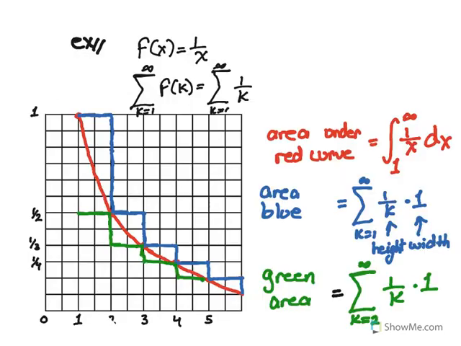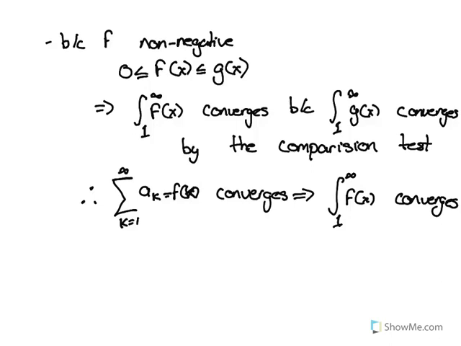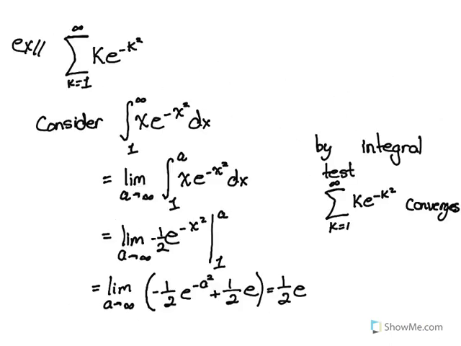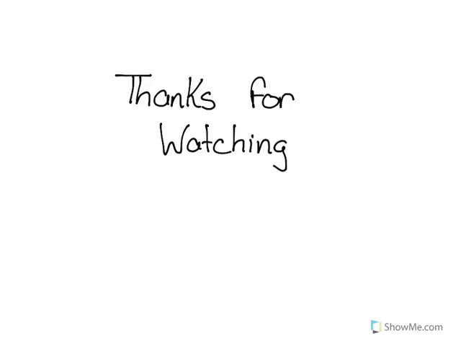This comes from the fact that if we go back to the picture, the blue area, the red area, and the green area, we've shown that if one of them is finite, then they're all finite. Or rather, there's a relationship between the red one being finite and the blue one or the green one being finite, but that does not imply that they're equal. In fact, in this picture, we clearly see that they're not equal, which is why the integral test is only useful to show whether a series converges or diverges, but it's not used for determining what the series converges or diverges to.